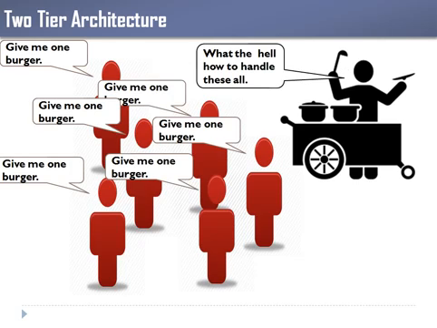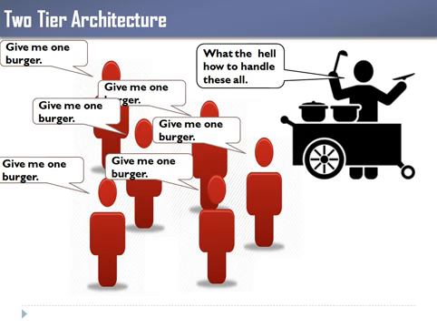Now let's assume a situation. If the number of customers increases, this is only one person, and he will be panicking. He won't be able to serve all those customers at a time.